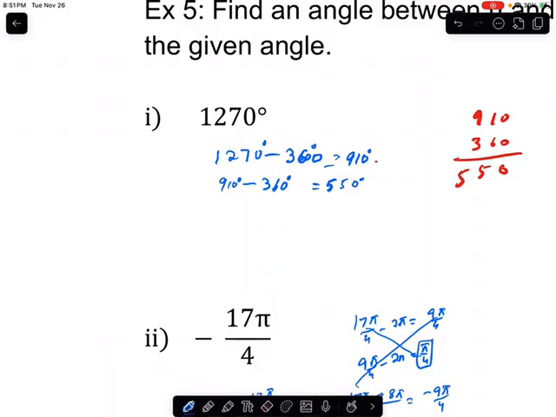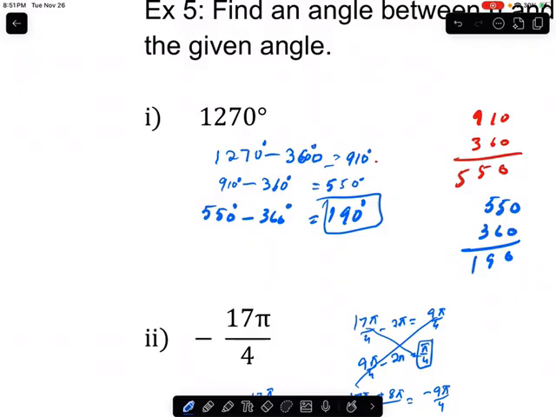So we will take the 550 and subtract 360. 15 minus 6 is 9 and 4 minus 3 is 1. So we are getting 190 degrees. So this is the angle we want. This is the angle which is between 0 and 360 and is positive.